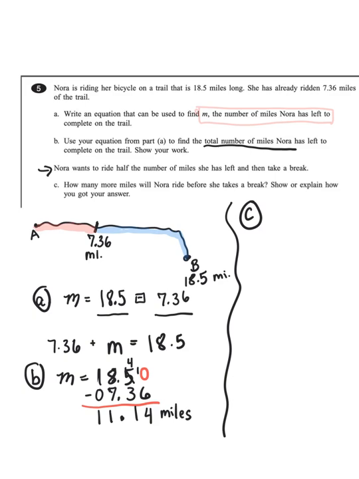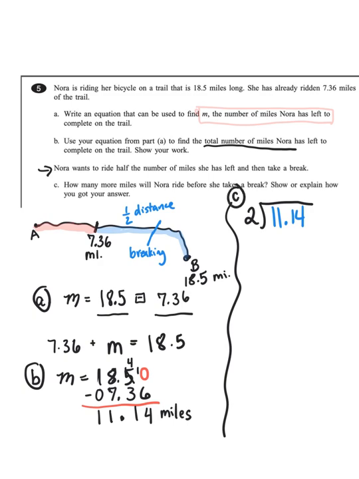So she's going to go halfway, 1/2 of the distance, and then this is going to be her breaking point where she stops. So I'm going to do 11 and 14 hundredths of a mile and divide that in half. And then my quotient will be when she gets to take her break.